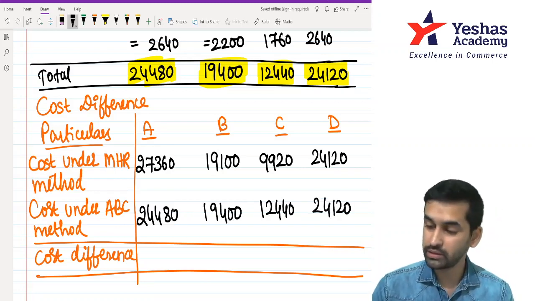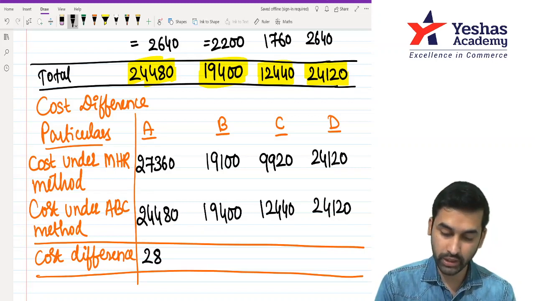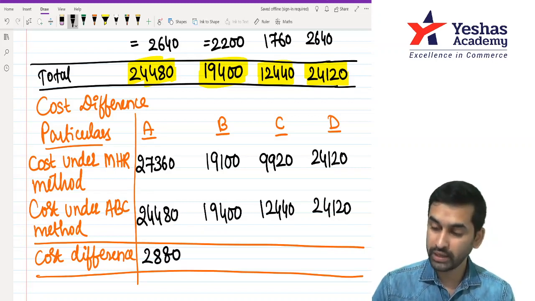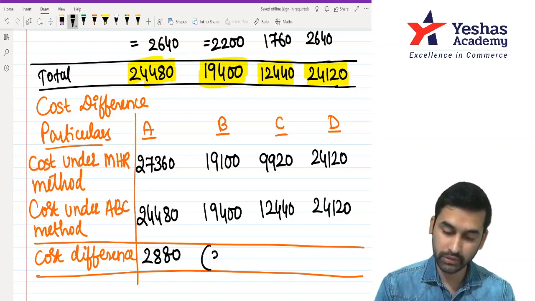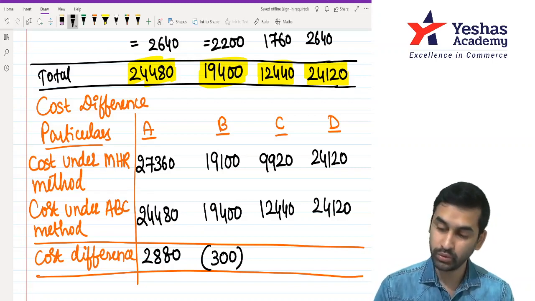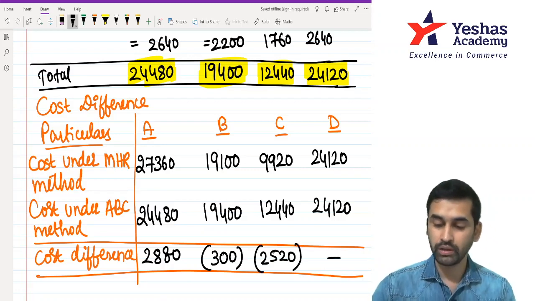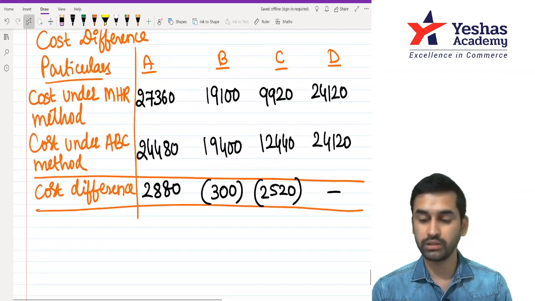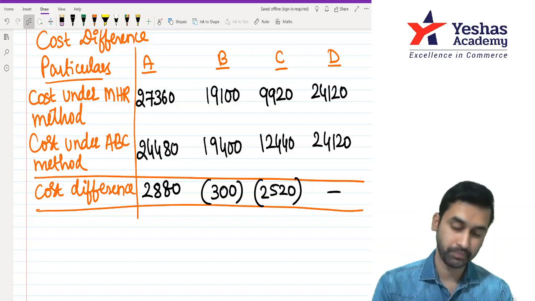Then the difference: 27360 minus 24480, 2880 here; 19100 minus 19400, negative 300; 9920 minus 12440, negative 2520. Last one is nil because answer is same under both the methods, right?